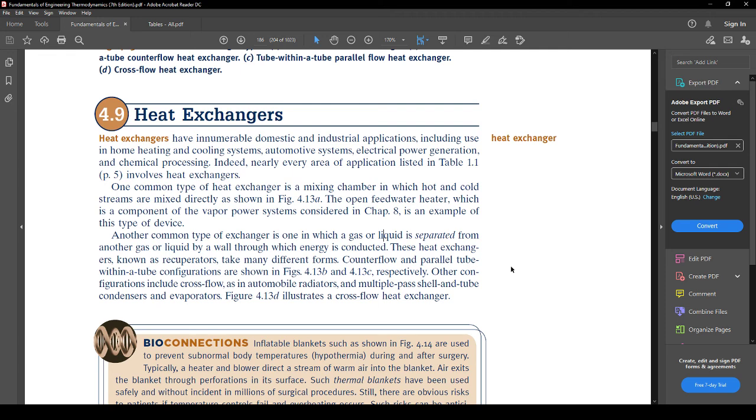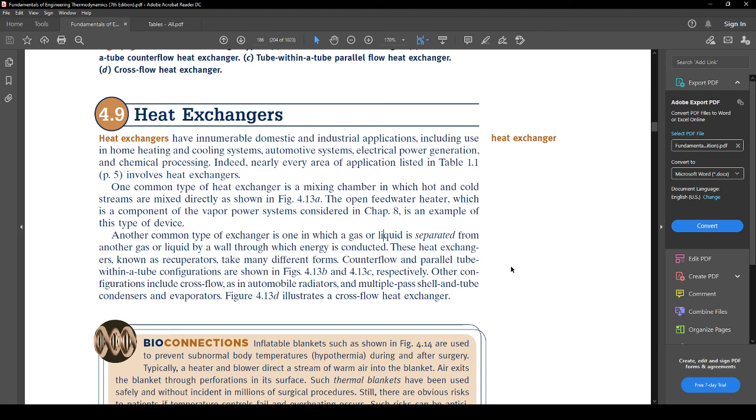Another common type of heat exchanger is one in which a gas or liquid is separated from another gas or liquid by a wall through which energy is conducted. So this is a non-contact heat exchanger, right? So there's direct contact and non-contact. These heat exchangers are known as recuperators and take many different forms. We have counterflow, parallel, tube within a tube, crossflow.